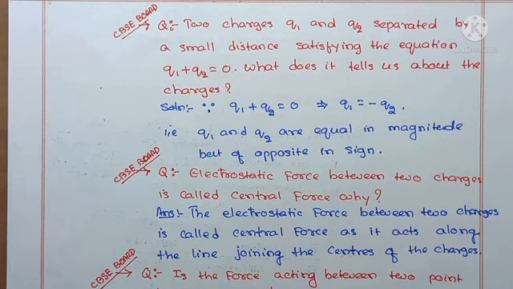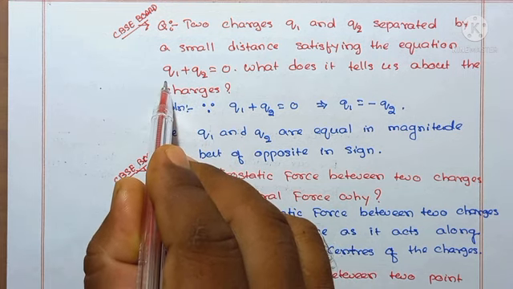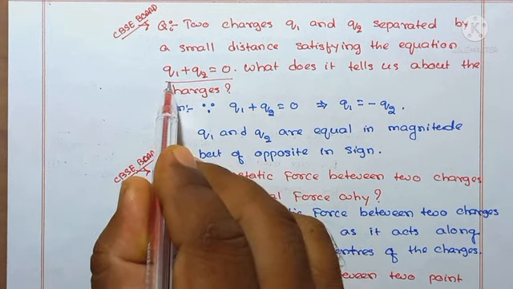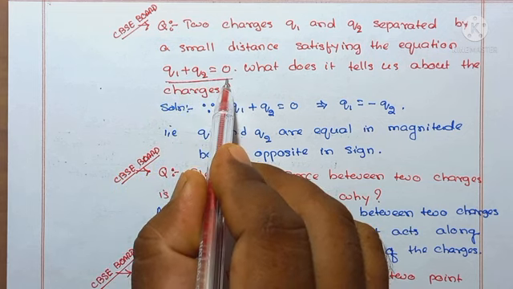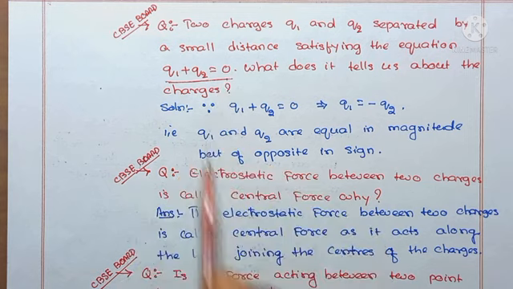Now one more question we will see. Two charges q1 and q2 separated by a small distance satisfy the equation q1 plus q2 is equal to 0. What does it tell us about the charges? That means if the sum of the two charges is equal to 0, then what does it tell about the charges?